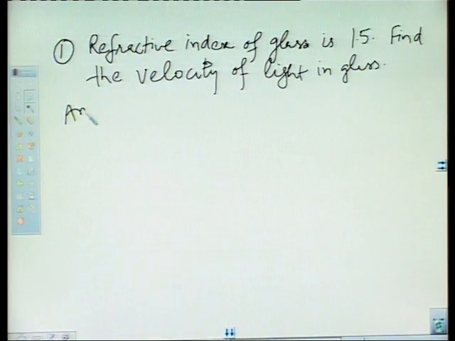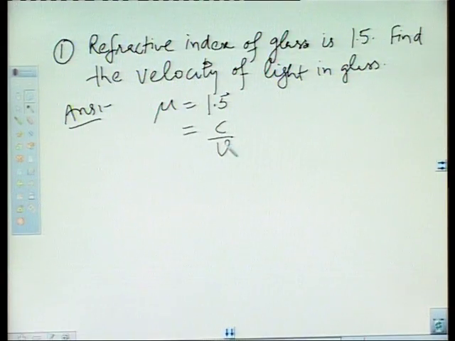The answer is: the refractive index for the glass is 1.5. This is given by c upon v. c is the velocity of light in vacuum, divided by v, the velocity of light in glass. c is equal to 3 into 10 raised to power 8.